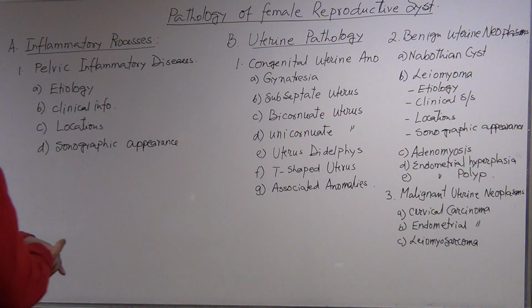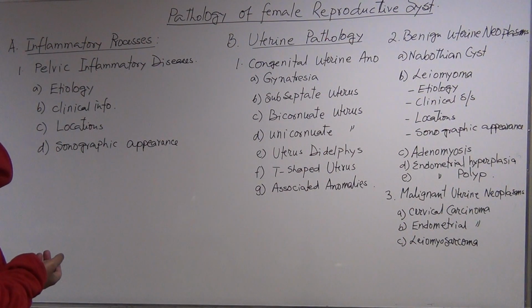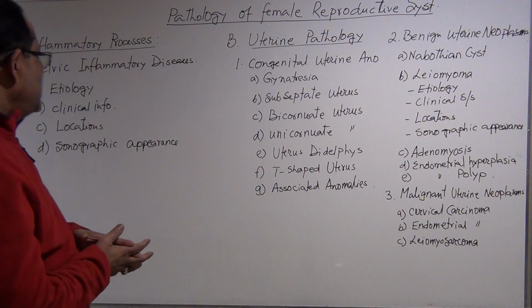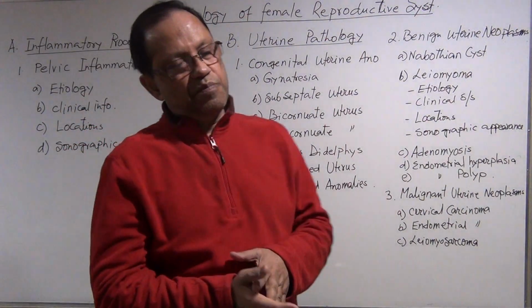Let's talk first about the inflammatory processes of the pelvic organs. First I'm going to discuss pelvic inflammatory disease, we call it PID. Let me give you the idea about PID.